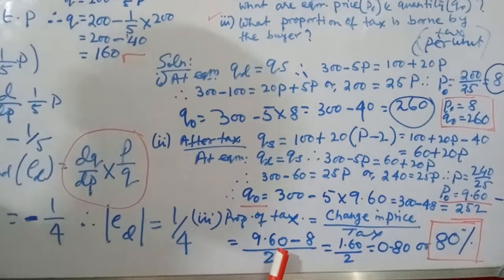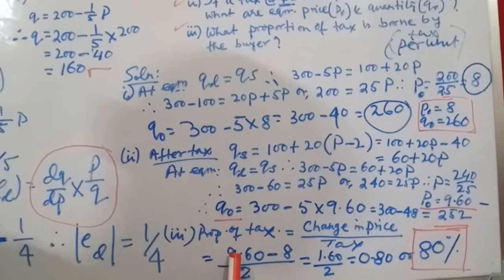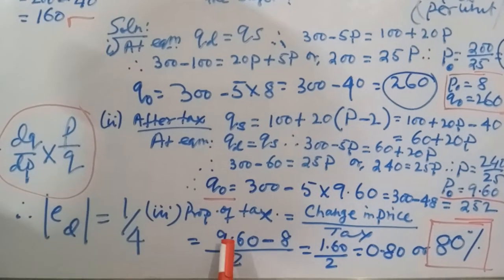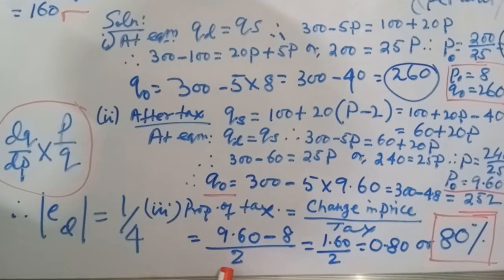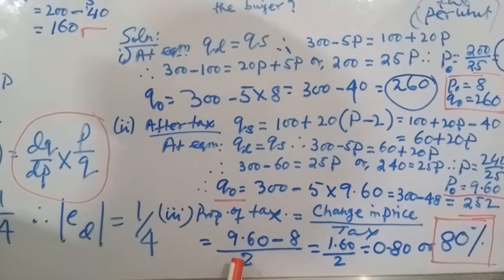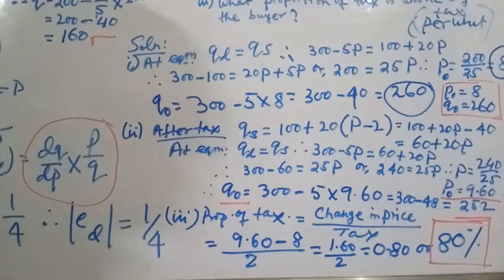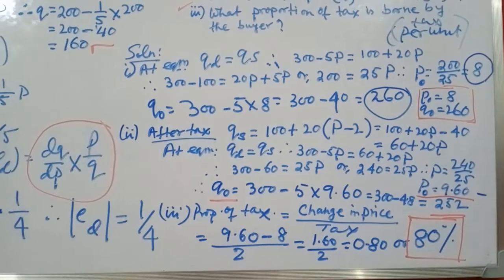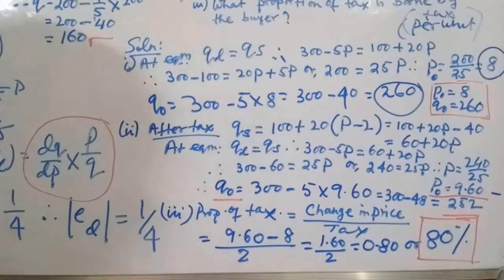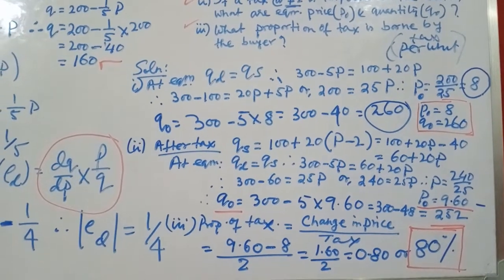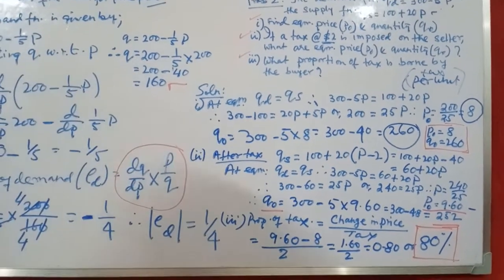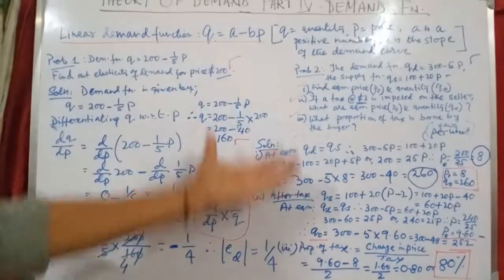So the new price is 9.60, as we solved, minus the old price 8, that gives us the change in price, divided by the tax rate, the tax per unit. So (9.60 minus 8) by 2. This gives us 0.80, that is 80%. So 80% of the tax is borne by the buyer. So both the problems are solved.